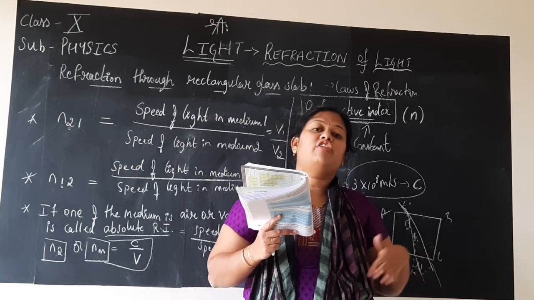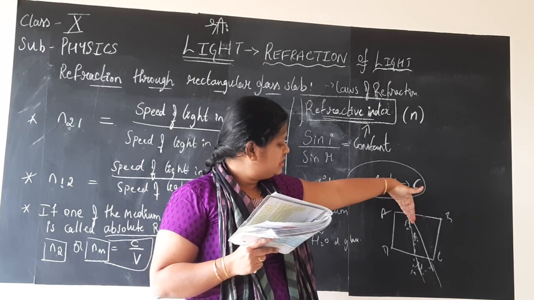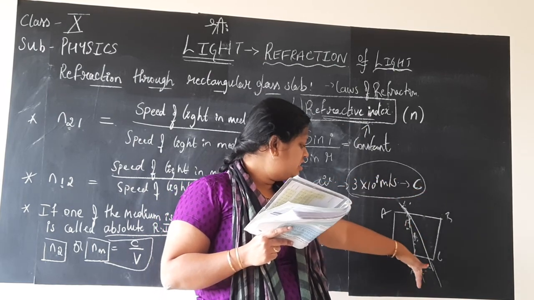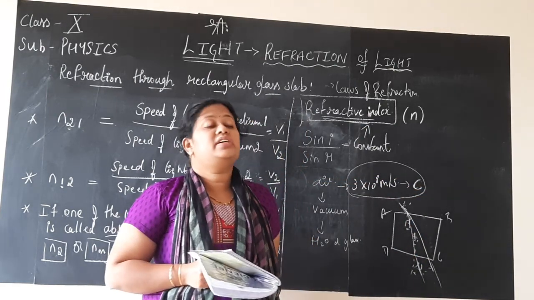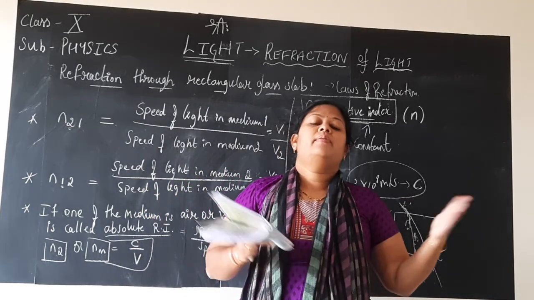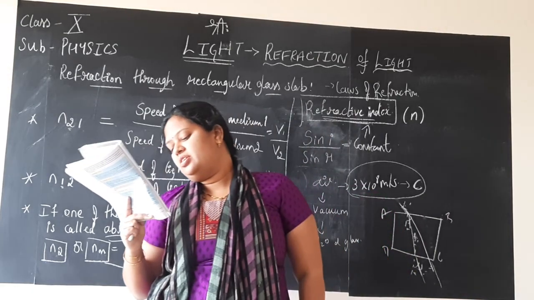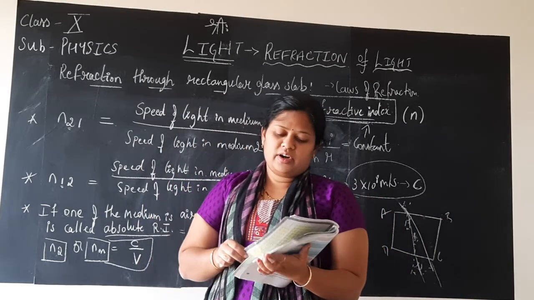Compared to the angle of incidence and the angle of refraction, that is the emergent ray, when you compare, children, the extent of bending is equal, but they are in opposite direction. That is the reason they appear parallel to each other. That is one important thing.